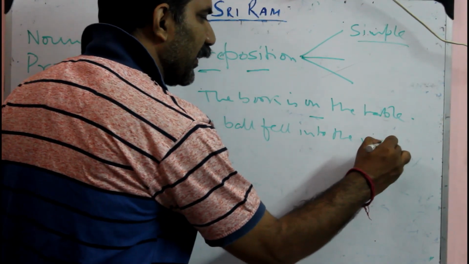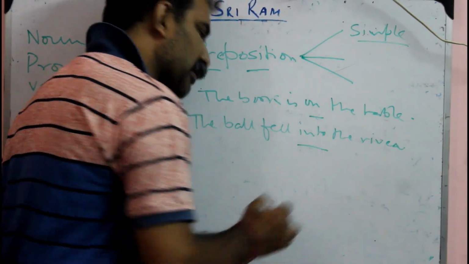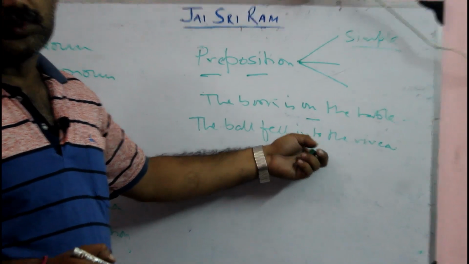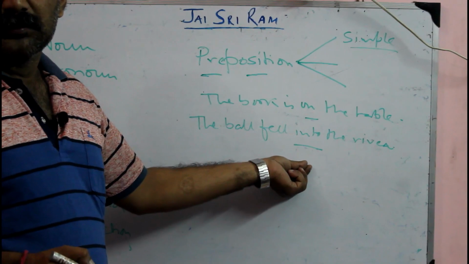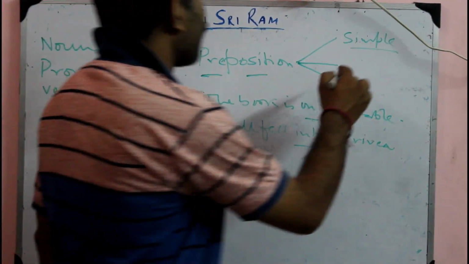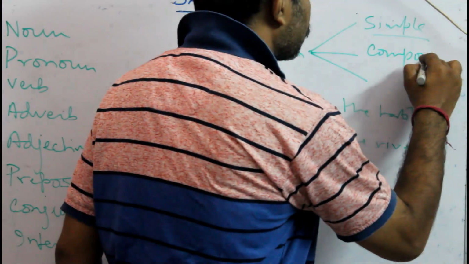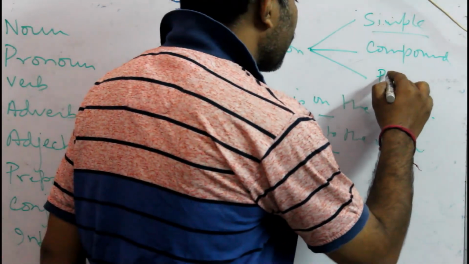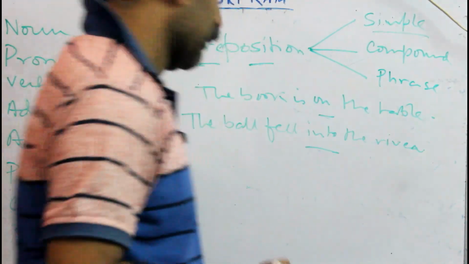If you look at this sentence, into is the preposition here, which is a combination of two prepositions, in and to, joined to form a single word. This is known as a compound preposition, and the third type of preposition is known as a preposition phrase or a phrase preposition.